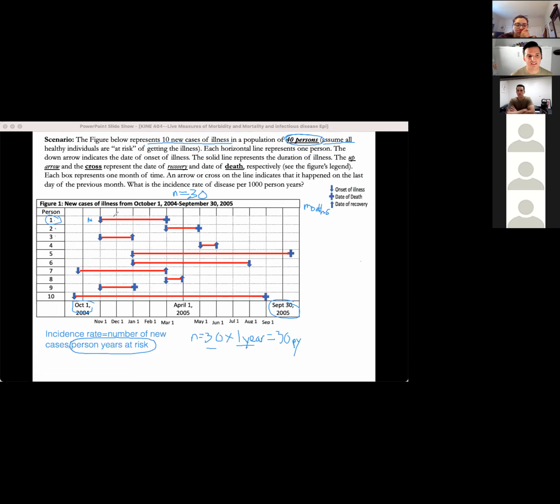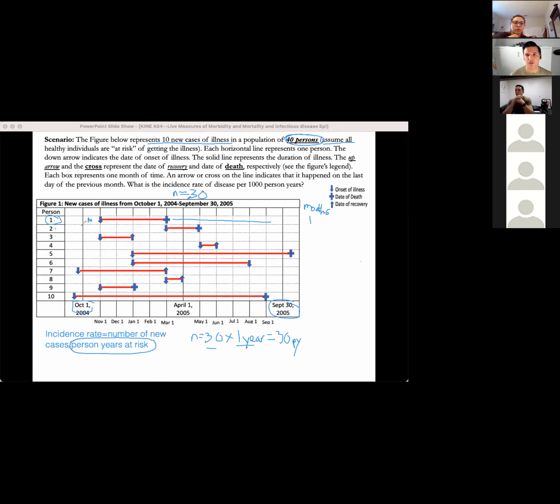Then they get the disease. They have the disease for 4 months and they pass away. So this time they're no longer at risk because they're not alive. So they're not at risk for the disease. So person one is at risk for the disease for 1 month during that 1 year period. Because for 4 of the months, they have the disease, and for the rest of the time, they're no longer alive, so they're not at risk.